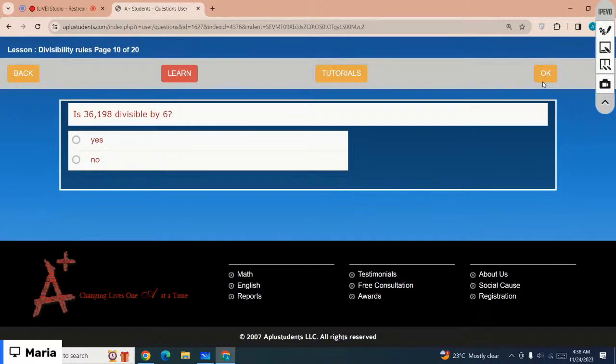If you apply the divisibility rule for 2, you can see the last digit is 8 and 8 is an even number. So the number is divisible by 2, right? And when you sum up the digits it makes 27, and 3 times 9 is 27. So that means 36,198 is divisible by 6. The correct option is yes, it is divisible by 6, right?